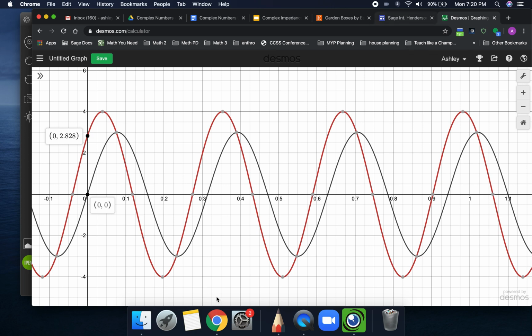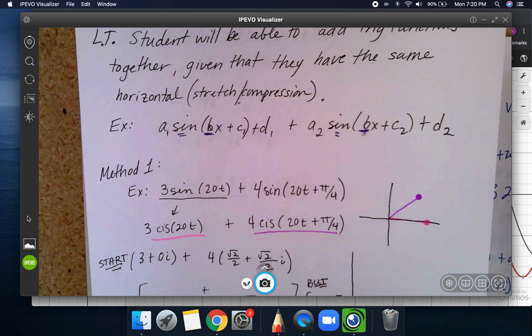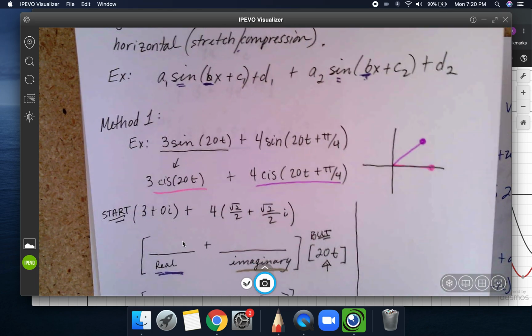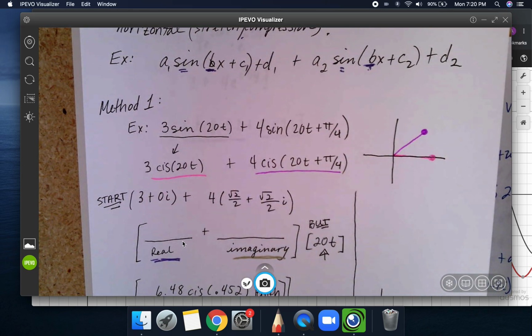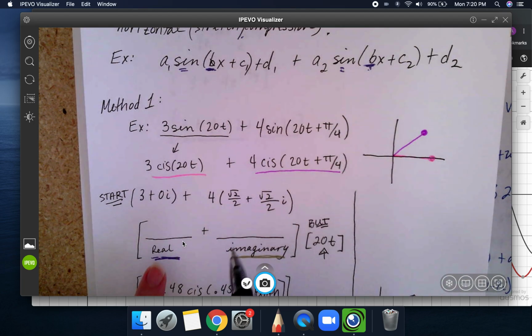So what we're going to have to do here is look at some parts. We're going to use this idea of complex numbers and these cis notations to help us figure out what exactly is happening and how we can blend these two things together.